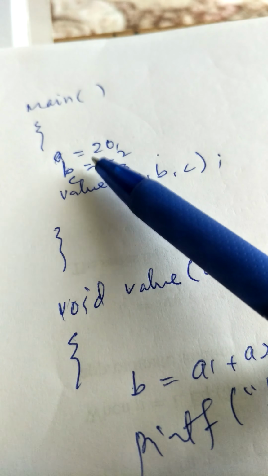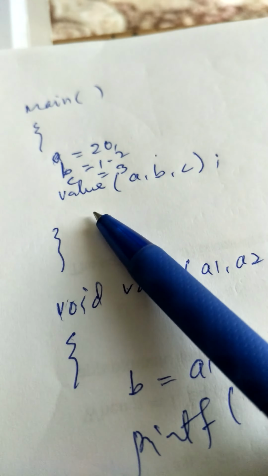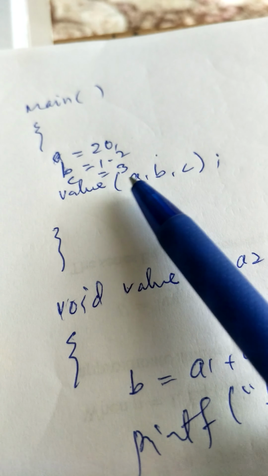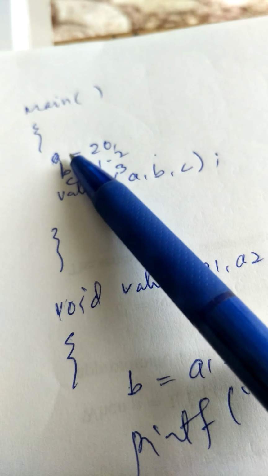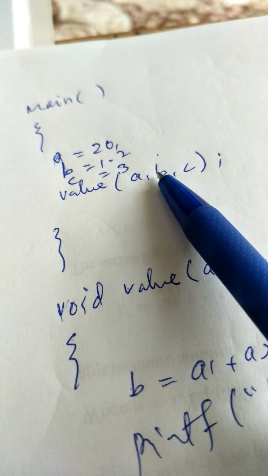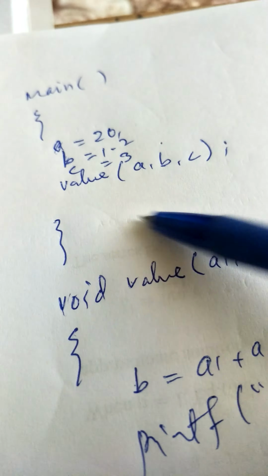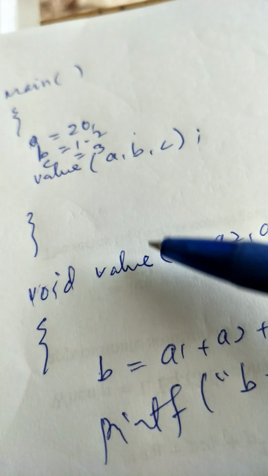With this A, B, C, when we call the function named value, automatically these values, 20, 1.2, and 3, are passed into the function value. So it goes into the function here.